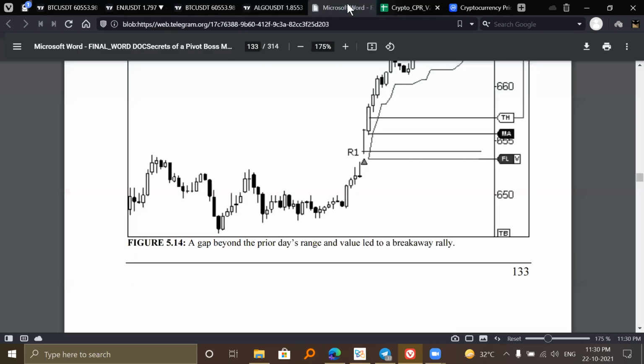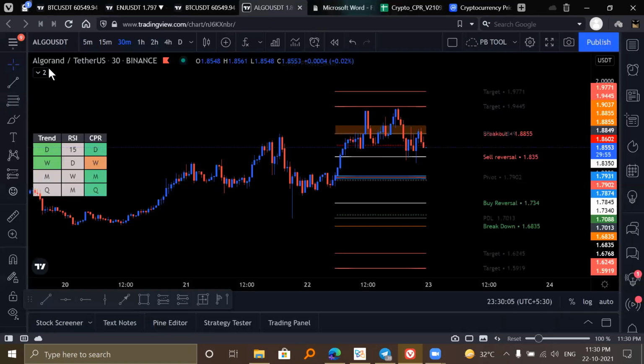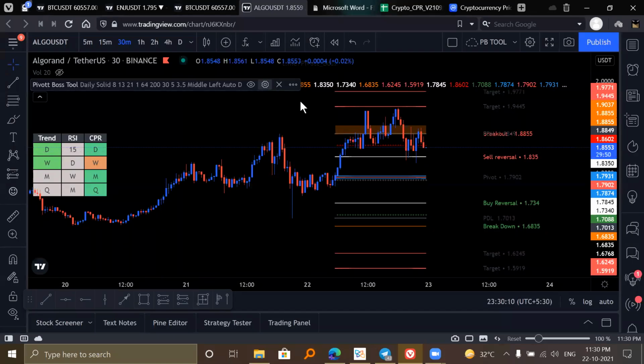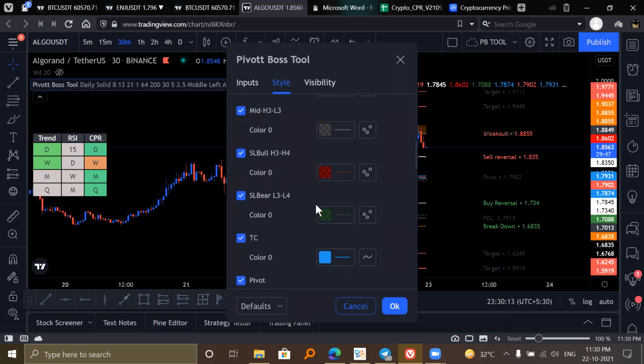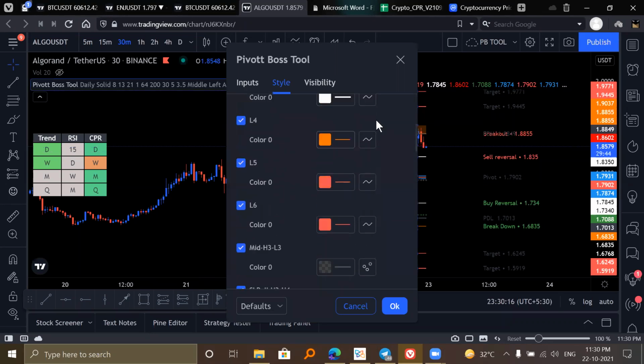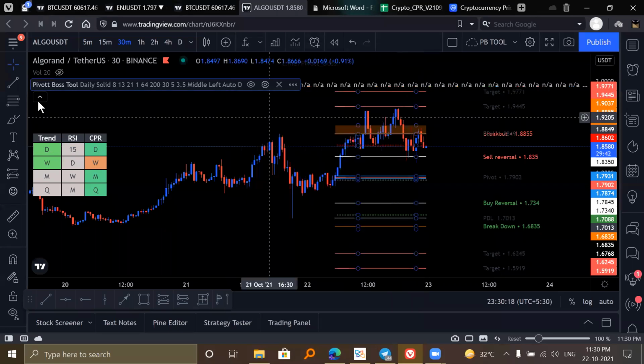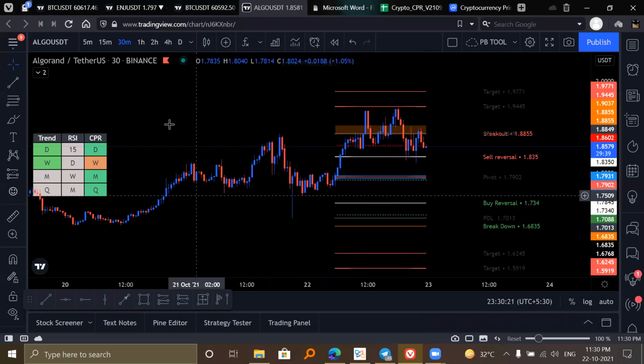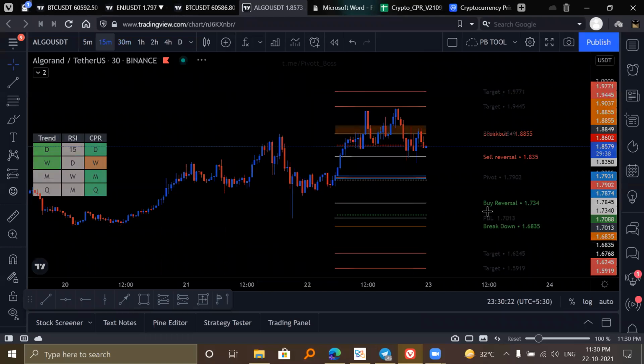Let me clear this. Actually, what you are asking is, I don't know the name of the guy, but what's the difference between the TSI and this new indicator is the levels which you see in the new indicator, that is sell reversal and buy reversal. They are nothing but H3 and L3, named as reversal levels, right?